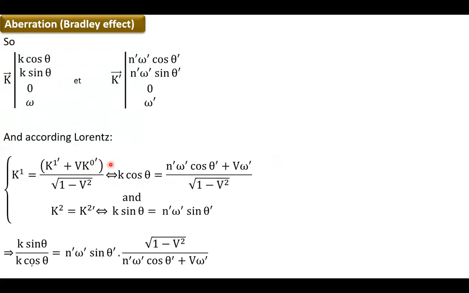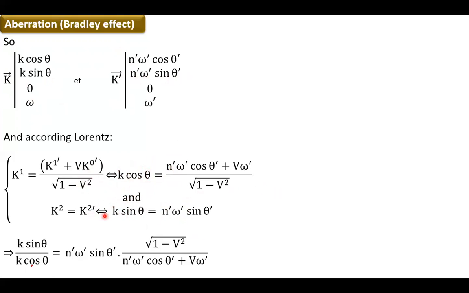And if you also take the Y coordinate, since we are working in an XY plane, K2 is equal to K2 prime. So K sine theta is equal to N prime omega prime sine theta prime. We have two equations, an equation with cosine and an equation with sine. So if you divide these equations, you will get a tangent.